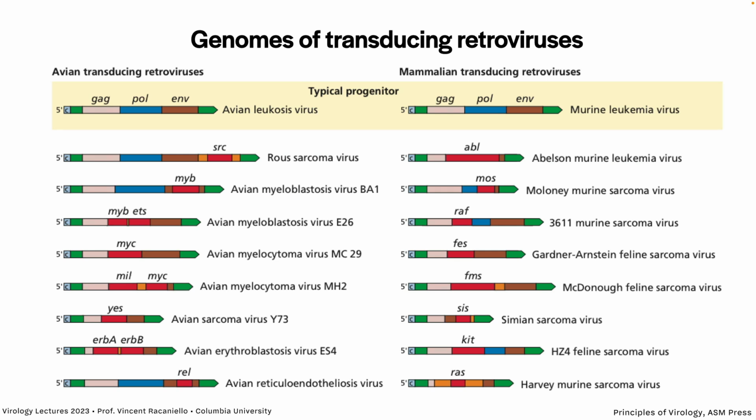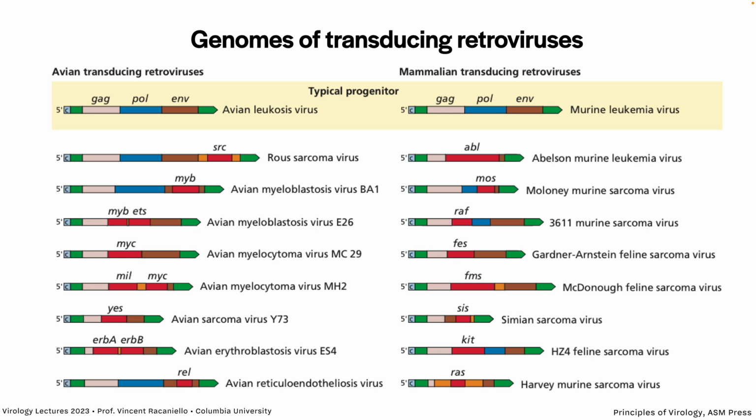And they have different oncogenes picked up from the host cell, Myb, Mil, Yes, Erb, etc., which are named basically after the kinds of tumors that are produced. And we can do the same thing in mammals. You start with a murine leukemia virus, which infects many mice globally in the wild, gag, pol, and envelope. And you can see transforming derivatives of it have different oncogenes from the mouse integrated into the retrovirus.